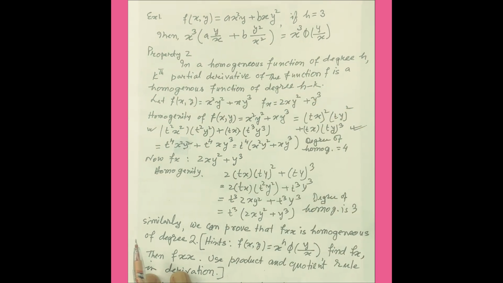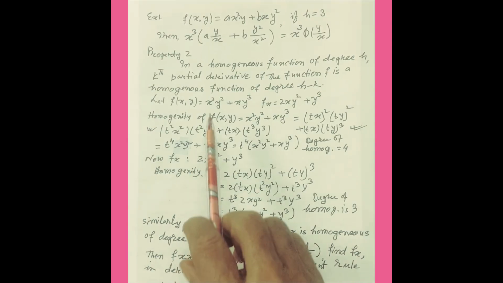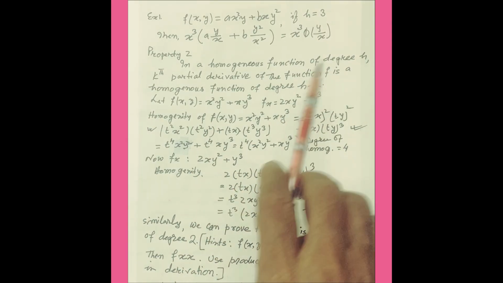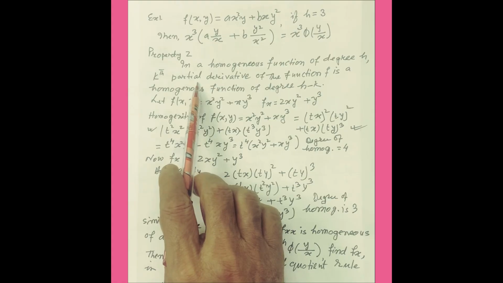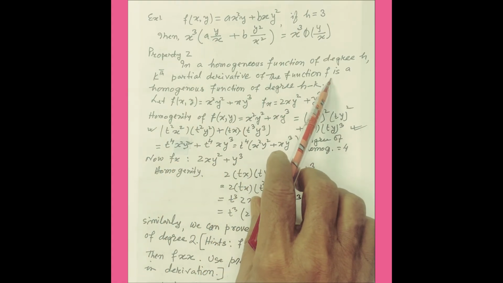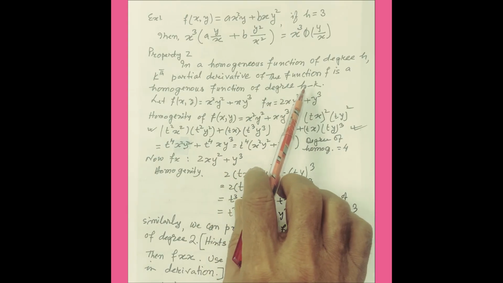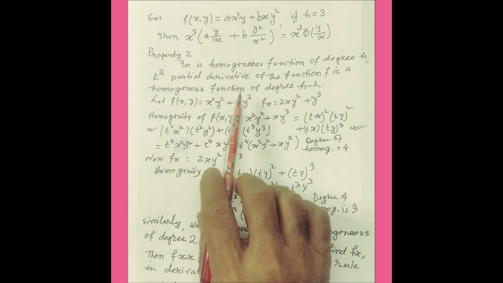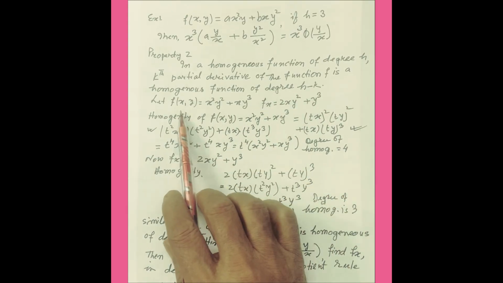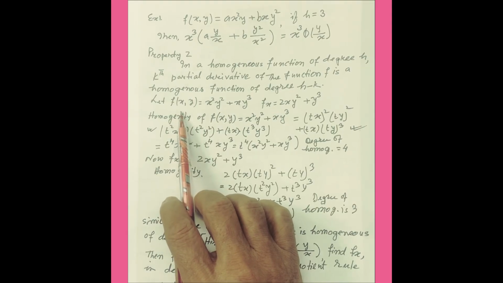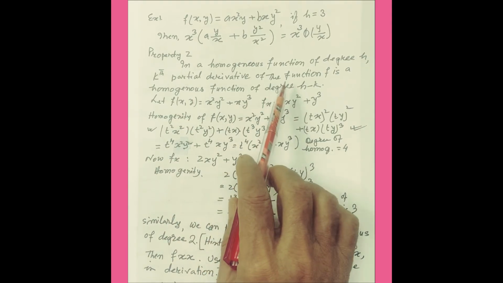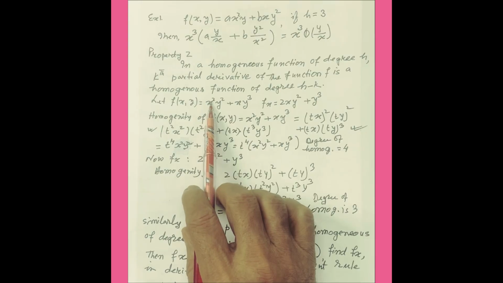Then property 2: in a homogeneous function of degree h, the kth partial derivative of the function is a homogeneous function of degree h minus k. Let us test it. Now it is related with the partial derivatives.